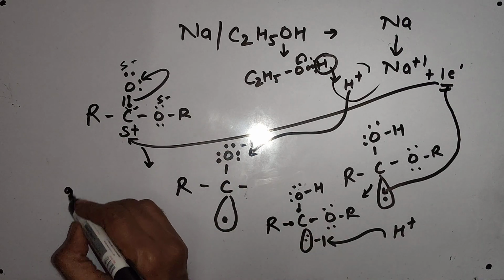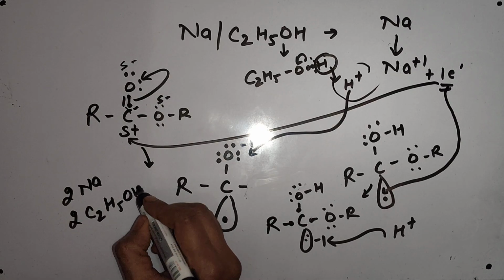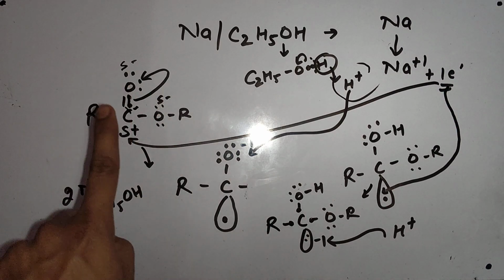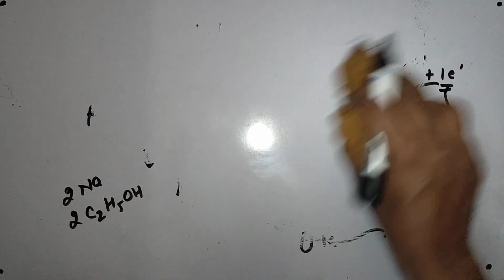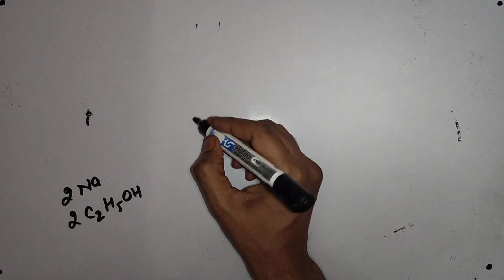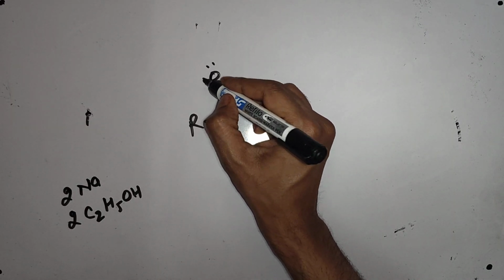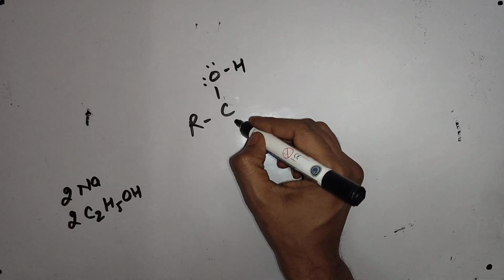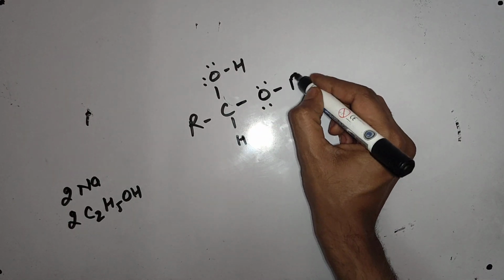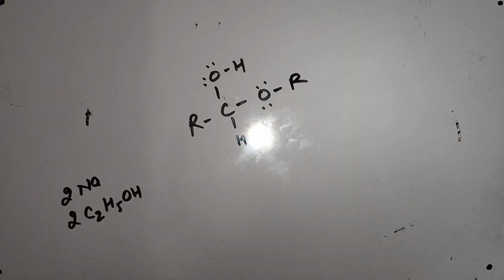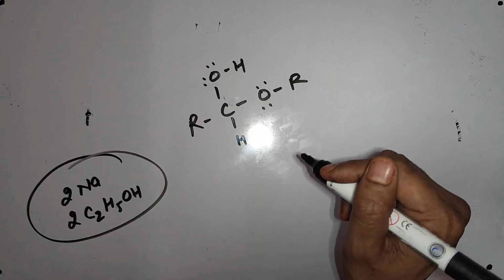It means a total of 2 sodium atoms and 2 C2H5OH are consumed to convert one ester molecule into this particle. One ester reacts with 2 sodium and 2 ethanol to give us this particle.